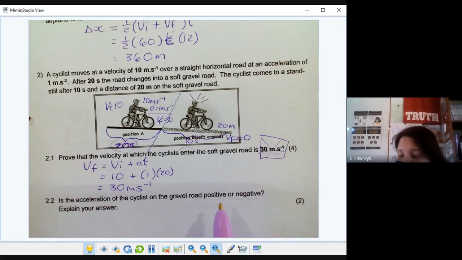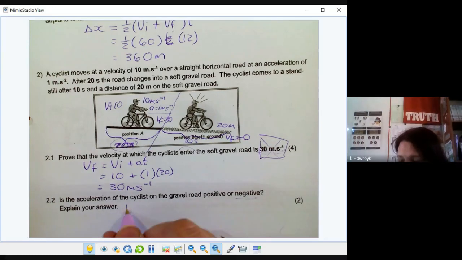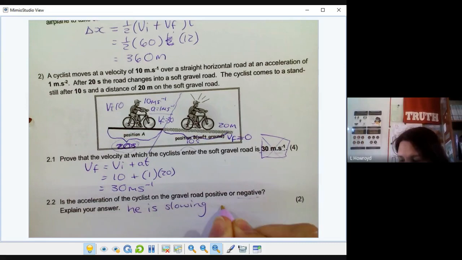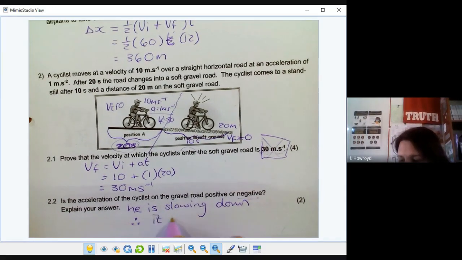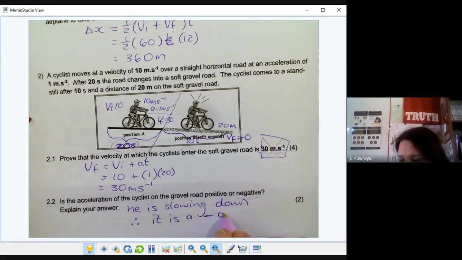He's slowing down, therefore it is a negative acceleration. You can say a deceleration.